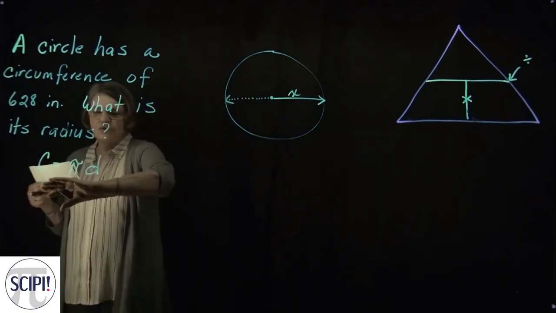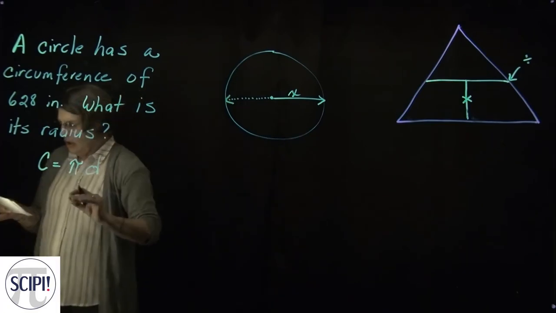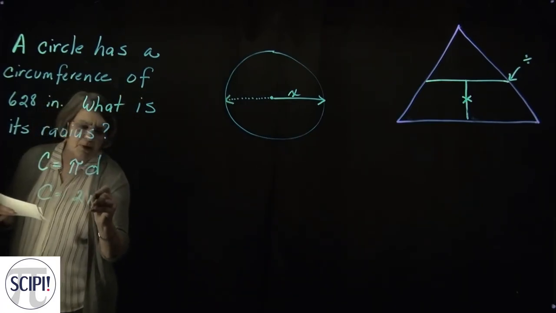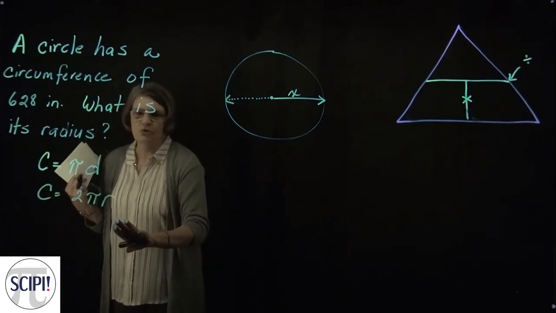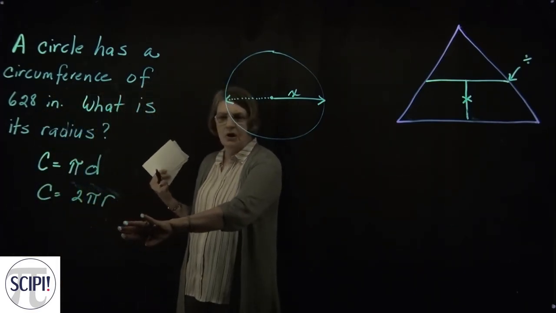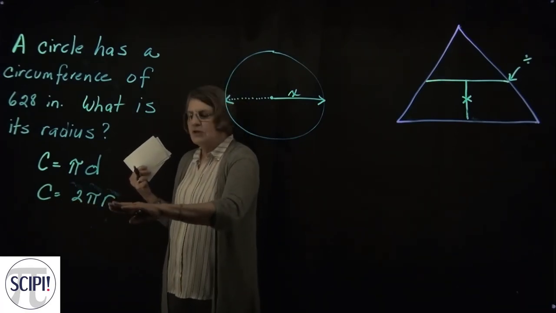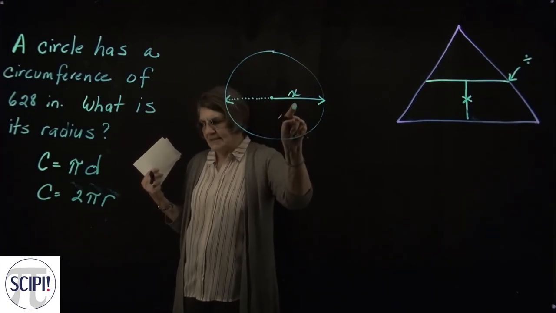So we can find circumference by using pi d, and we can also find the circumference by using 2 pi r. I have my students actually sing, twinkle, twinkle, little star, circumference is 2 pi r. So I'm going to use this one since we're looking for the radius.